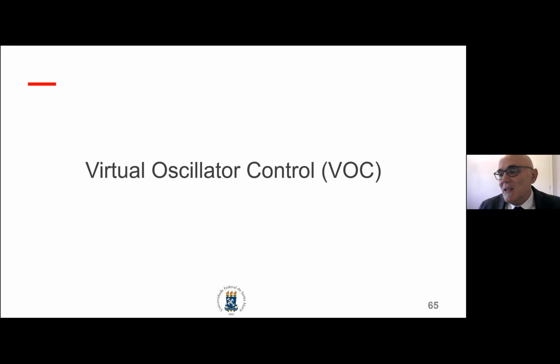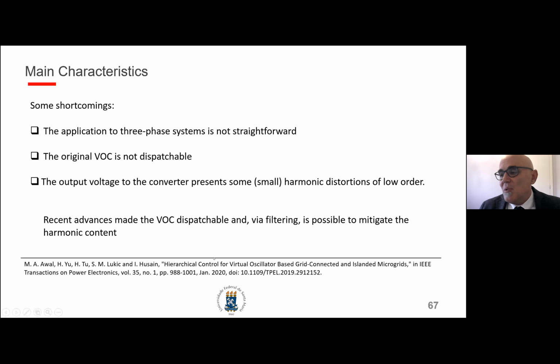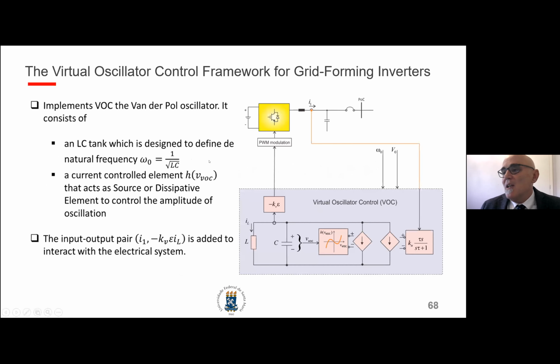And the neat concept here is that it provides power sharing among inverters that are controlled using a virtual oscillator. This is something very interesting that has been shown. So here we use inductive droop also. The voltage generated by the converter comes from the current of the virtual oscillator.